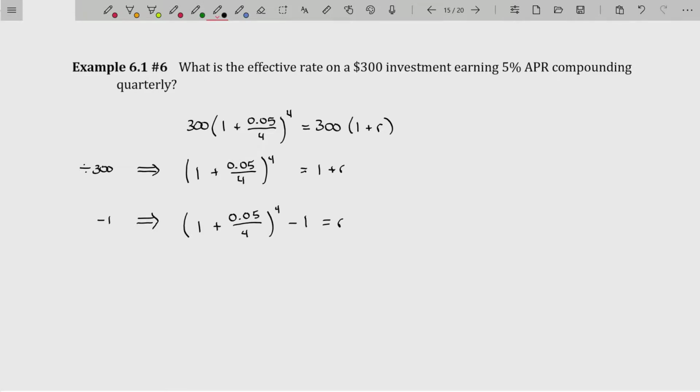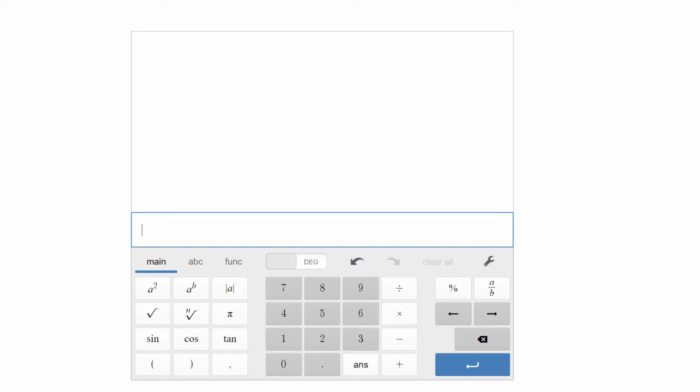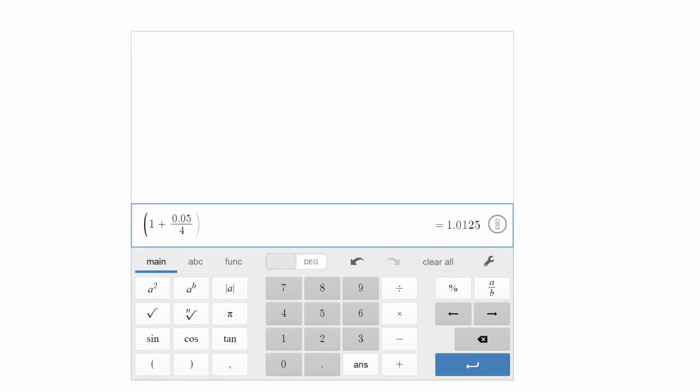So let's compute that quickly. We had the quantity 1 plus 0.05 over 4, raised to the 4th power, and from that subtract 1. You can see that effective rate is roughly 0.05095. I'm just going to carry it out that many digits.